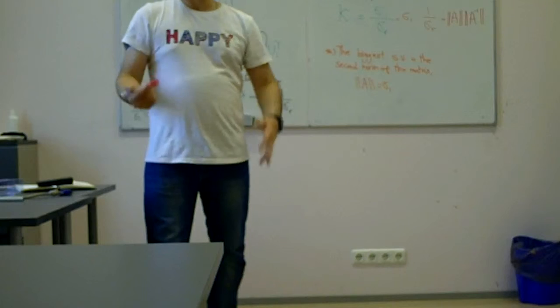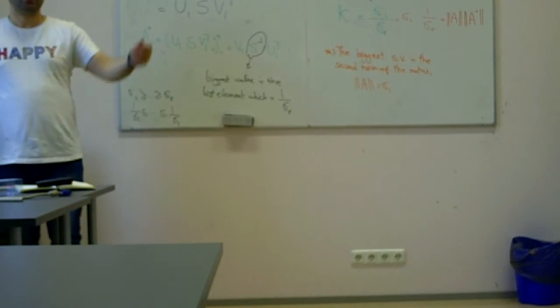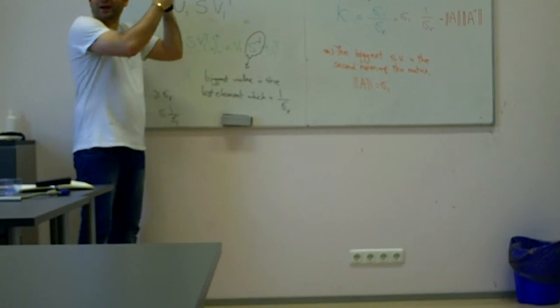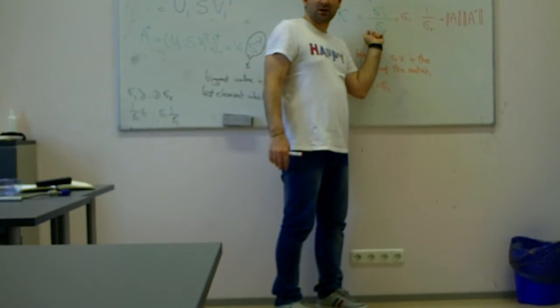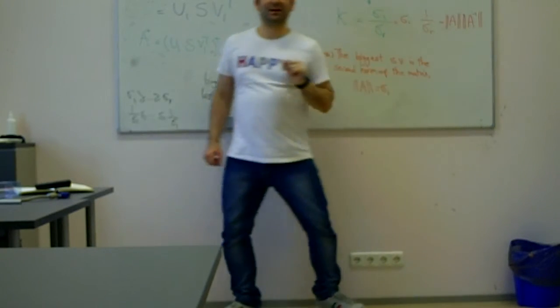Someone using singular value decomposition knows how much time it takes on the computer if you have a big matrix. So here, I don't care about the other singular values. What I care about is sigma 1 and the reciprocal of sigma R. So I can calculate A and A inverse, and I can look at the second norm.